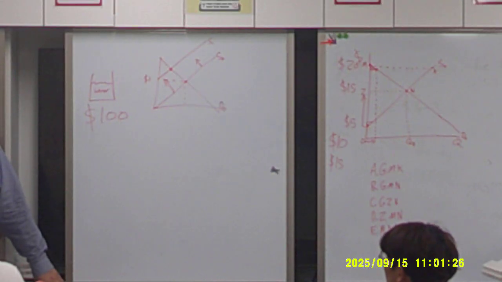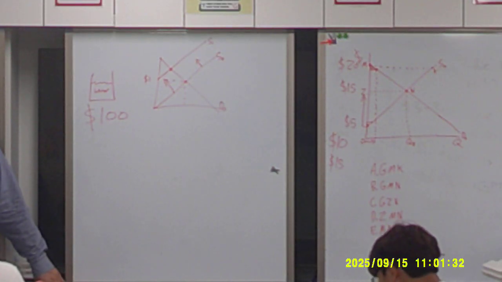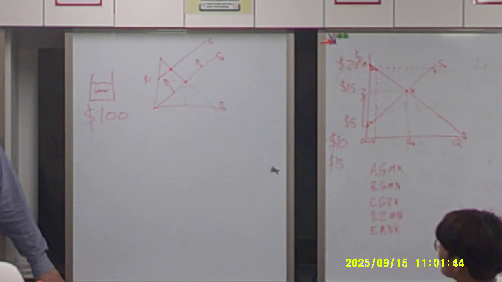Why? There's nothing else. Why were people paying $100 for a cup of water? It's a necessity, yes. Also, it's a monopoly. Not a monopoly. Think about it for a second.